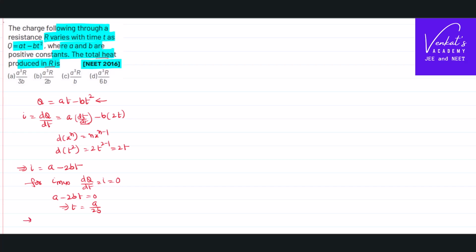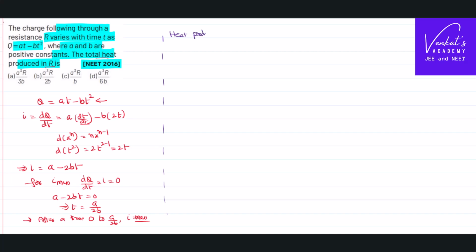It means that from time 0 to A by 2B, the current becomes maximum, and hence the heat through it also becomes maximum. That's the first thing that we need to understand. Once we know that basic aspect about current, I can go on and talk about heat generated.